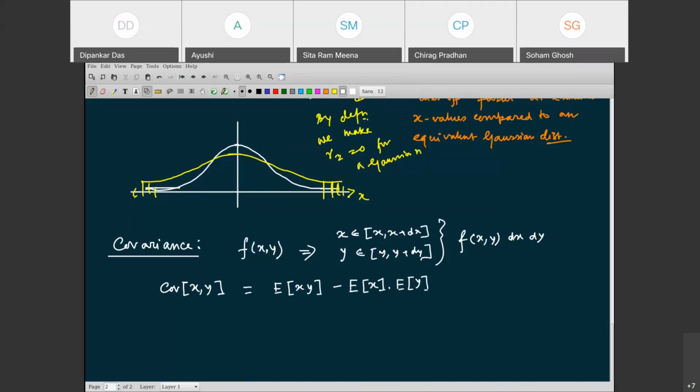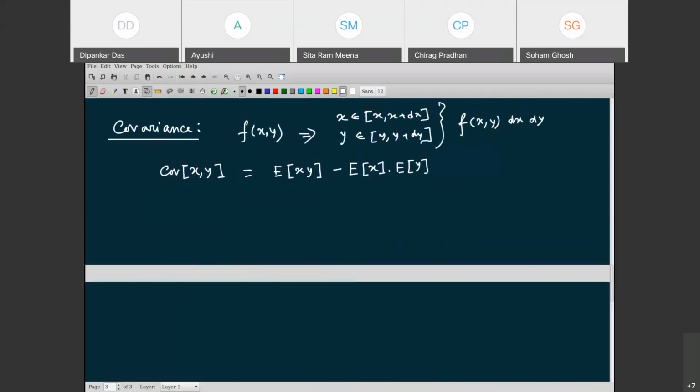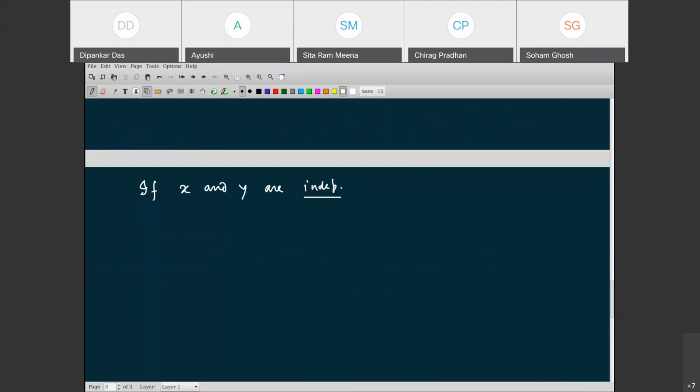Suppose my x and y are independent of each other. Then the probabilities for them to be in each block will not depend on the other.